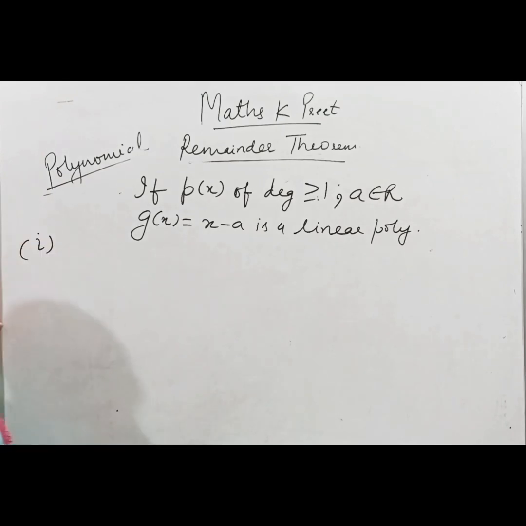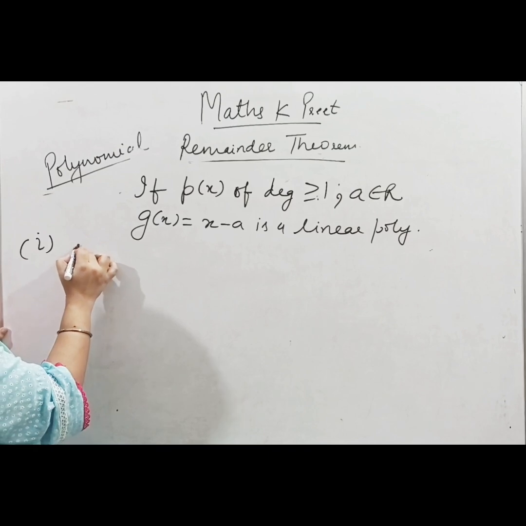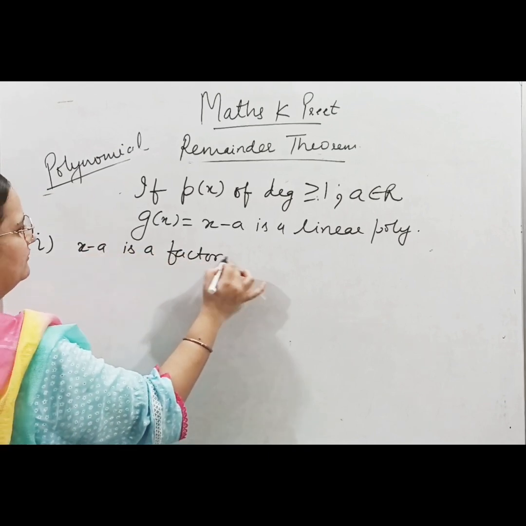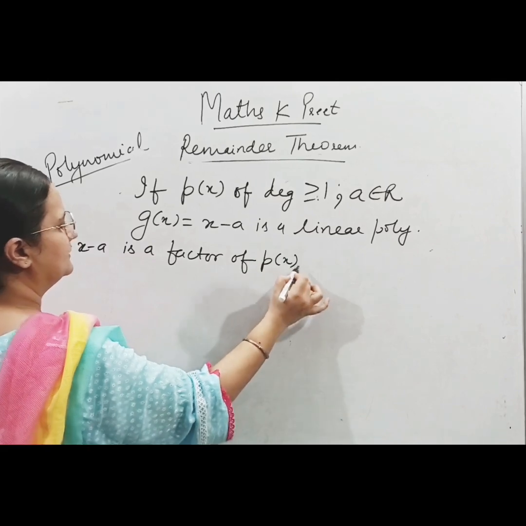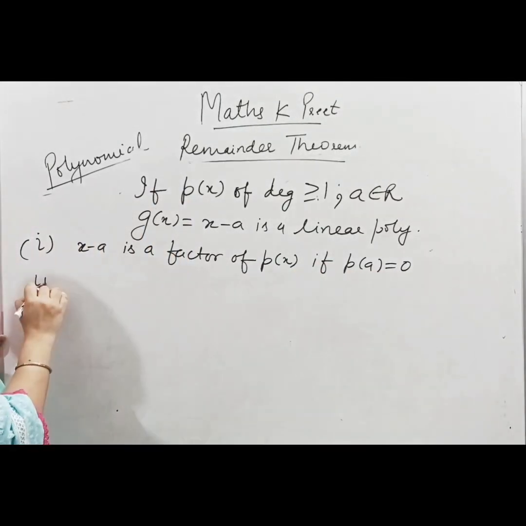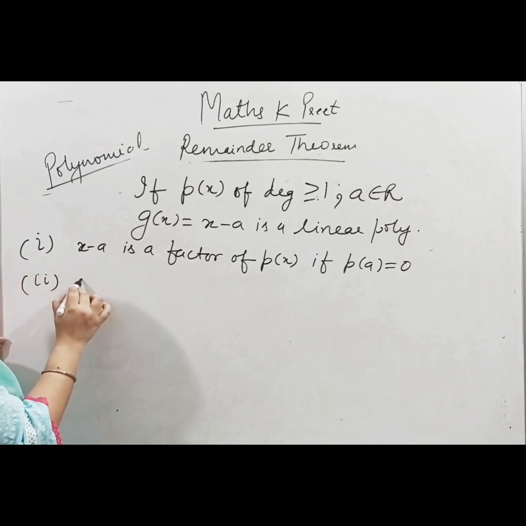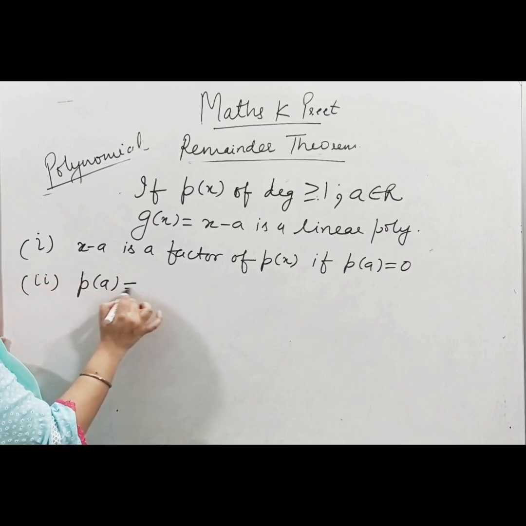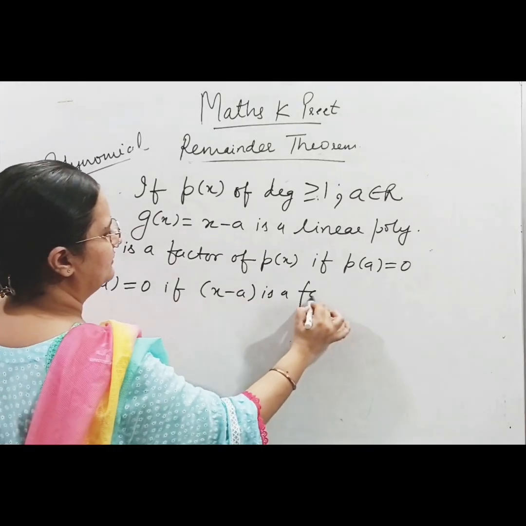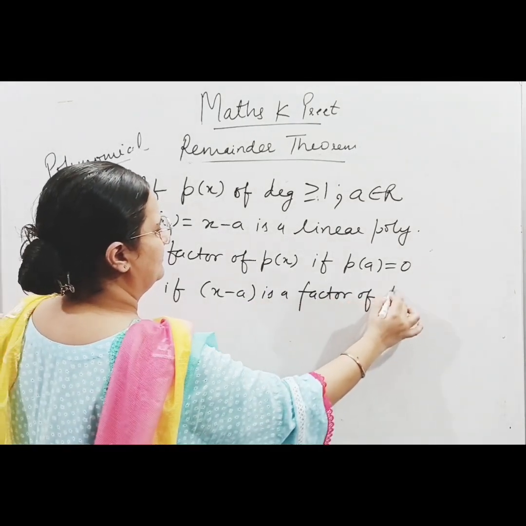Number one: x minus a is a factor of p of x if p of a equals 0. Second: p of a equals 0 if x minus a is a factor of p of x.